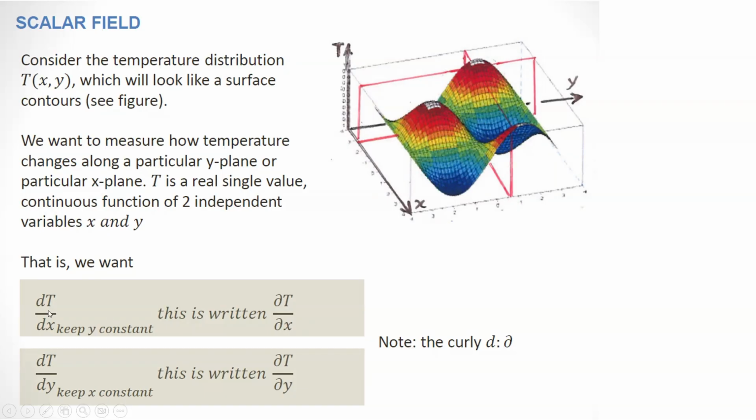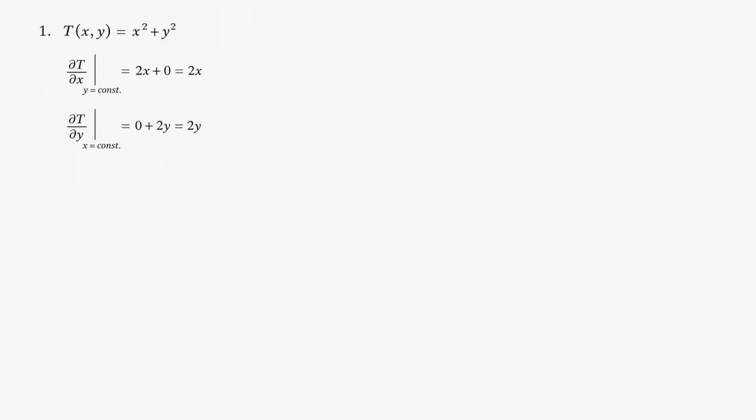So if we differentiate according to the x variable, it will be written as ∂T/∂x, where y will be constant. And on the other hand, if we differentiate with the y variable, x will be constant. So the first one here, for the temperature scalar field, is x squared plus y squared.